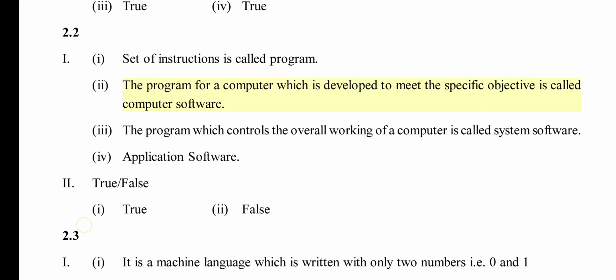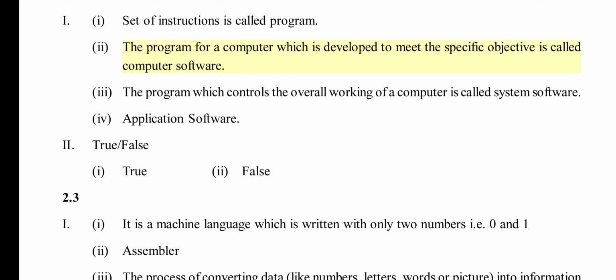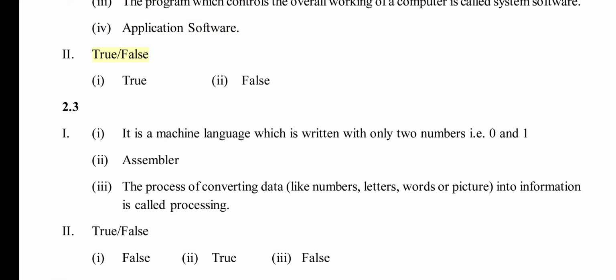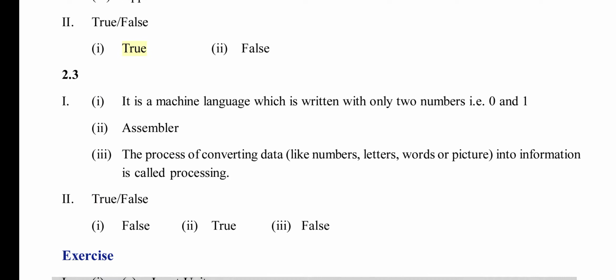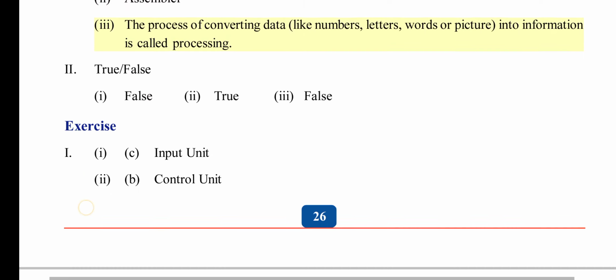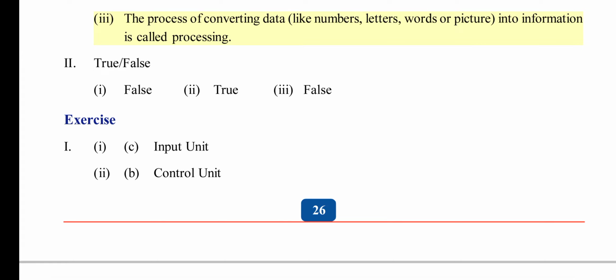The program for a computer which is developed to meet a specific objective is called computer software. The program which controls the overall working of a computer is called system software. Application software. Machine language is written with only two numbers, 0 and 1. Assembler. The process of converting data, like numbers, letters, words or pictures, into information is called processing.